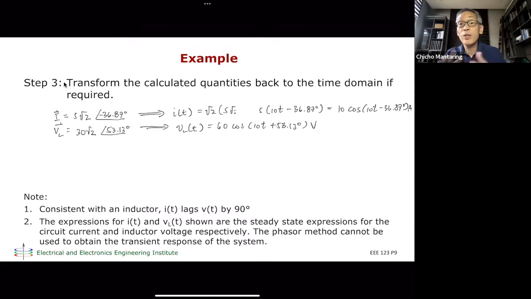Magkakaroon muna ng parang transient where the currents and voltages will build up, and then after some time ito na yung magiging steady state. So yung transient response hindi natin kukunin sa EEE 123. Kukunin niyo yan sa EEE 133 if I'm not mistaken.